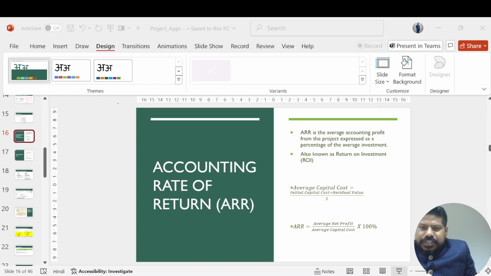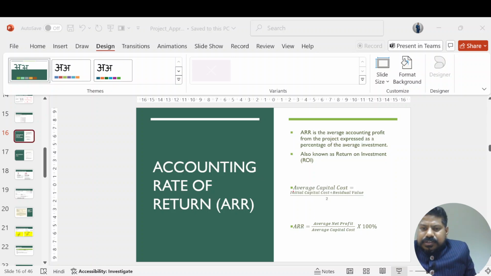Calculate the average investment of the project. Determine the profits after depreciation and taxes of the project. Determine the average annual profits of the company. Express the annual average profits as a percentage of the average invested capital.